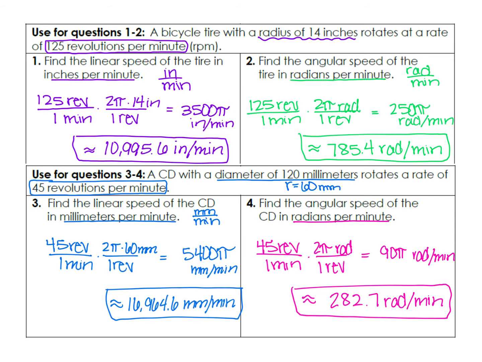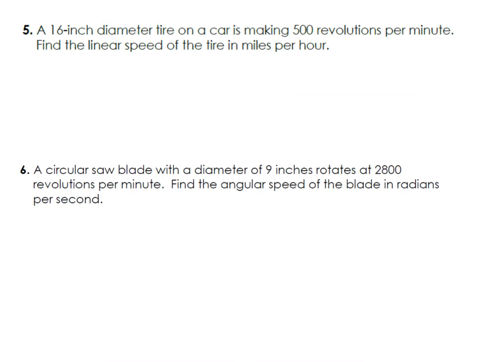So then if we take a look at some conversions that are just a little more complex, a few more steps. So again, looking at example 5, we just have more conversions to get to our final answer. So 16-inch diameter, the radius then is 8 inches, and it's making 500 revolutions per minute. We want to end up this time, though, in miles per hour.